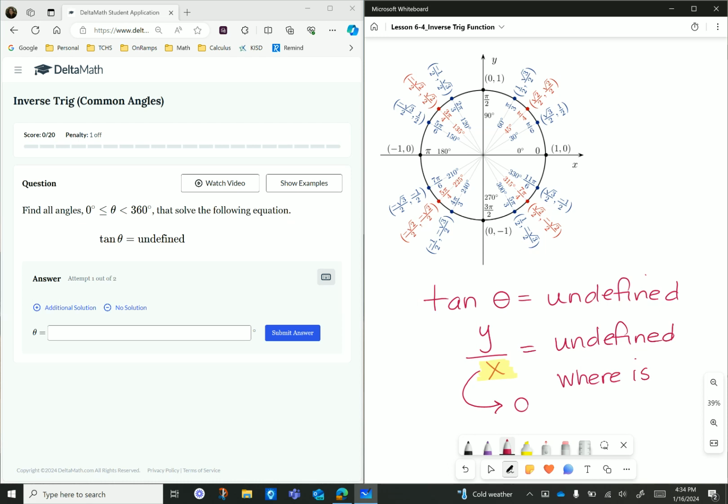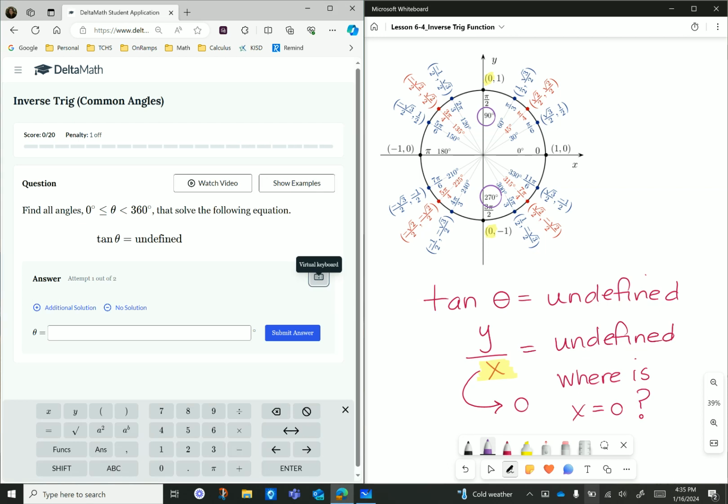Where is x equal to 0? Okay? So if you look at your unit circle, I notice that x is 0 right here, highlighting it, and right here. So what are those angles? Well, the angles are, and since they wanted degrees, 90 degrees and 270 degrees. So I'm going to come over here and type my answer of 90, an additional solution, and 270.